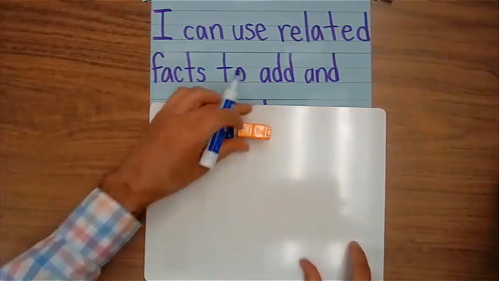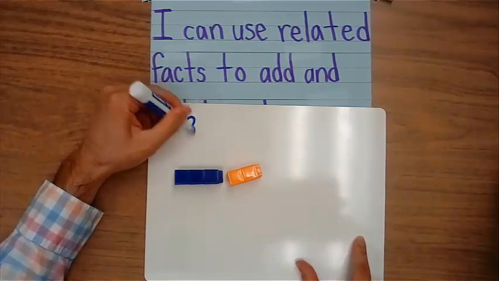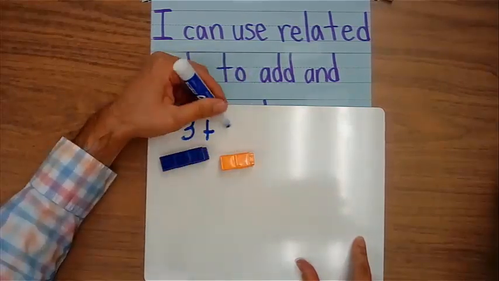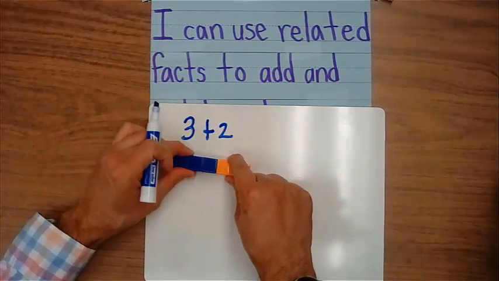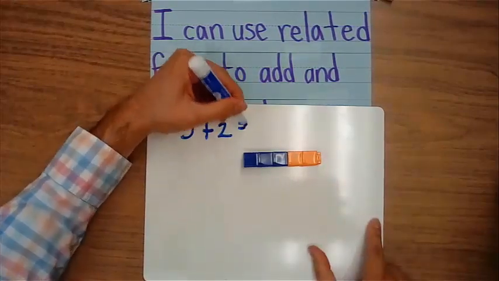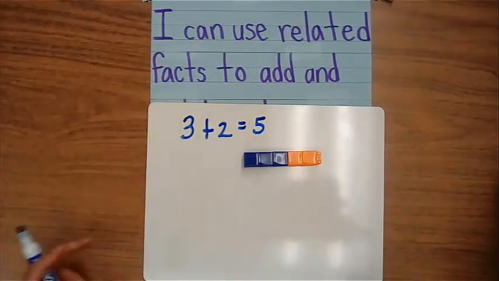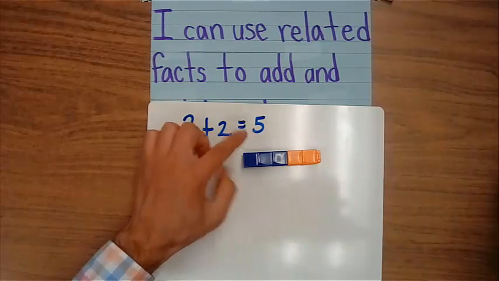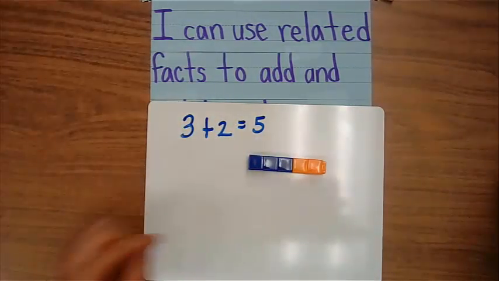Well, we know that 3 plus 2 makes 5, equals 5. We also know we can use these numbers and rearrange them to make a subtraction sentence.